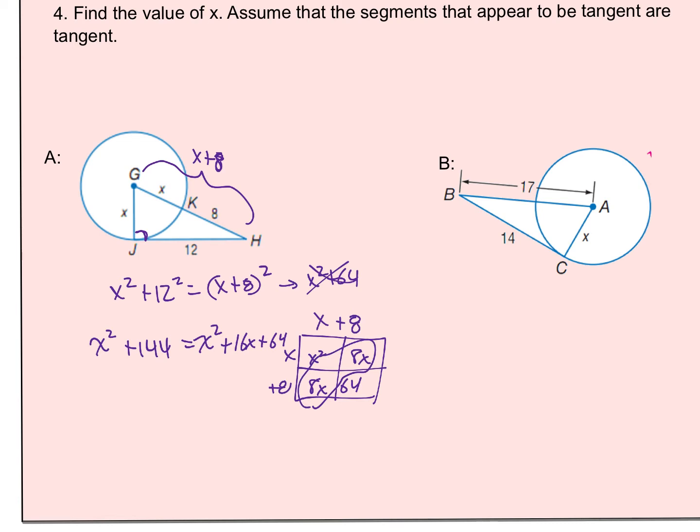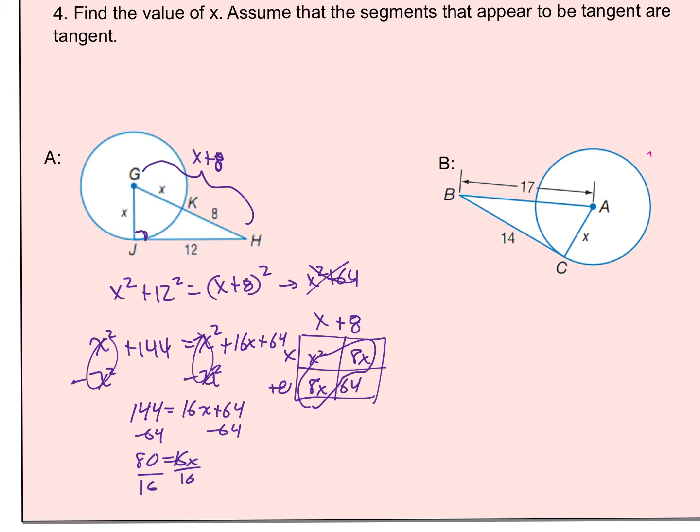So now is where I do some algebra from here. So subtract x squared, 0, 0. So now subtract 64. That leaves me with 80 equals 16x.